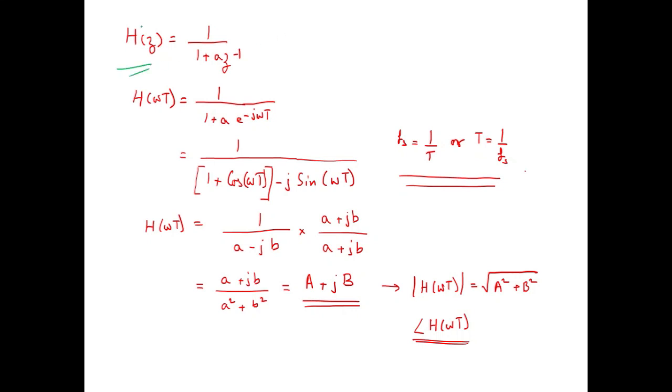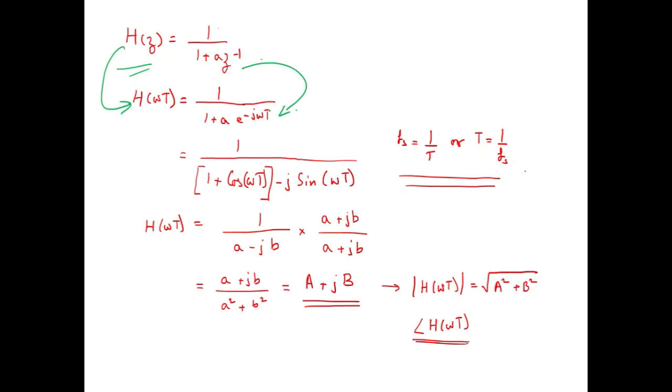So, if you are given some X(z), 1 by 1 plus a z inverse, what you have to do is convert it into the omega t, because while trying to figure out the amplitude response of any given filter, we are mainly interested in the frequency axis, right? And hence this z inverse has been replaced with e to the power minus j omega t, which is basically the equation for the circle. Basically, we are working on the unit circle.